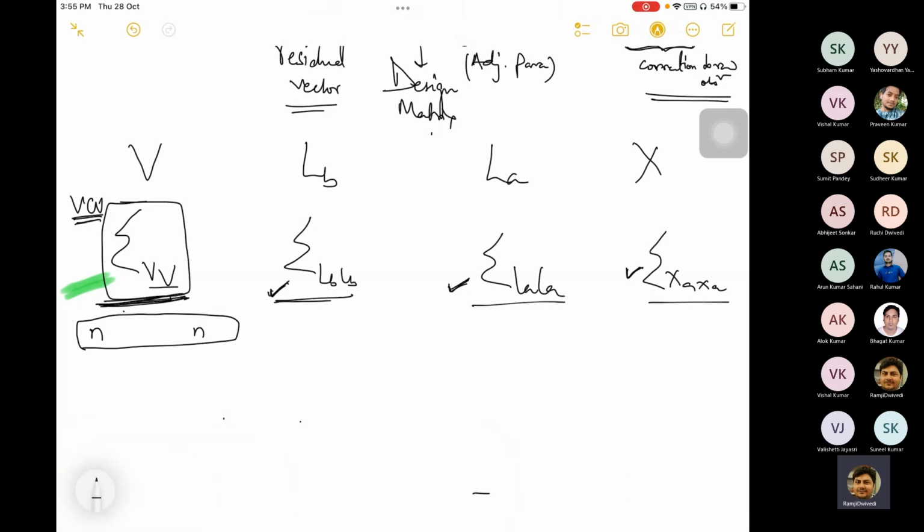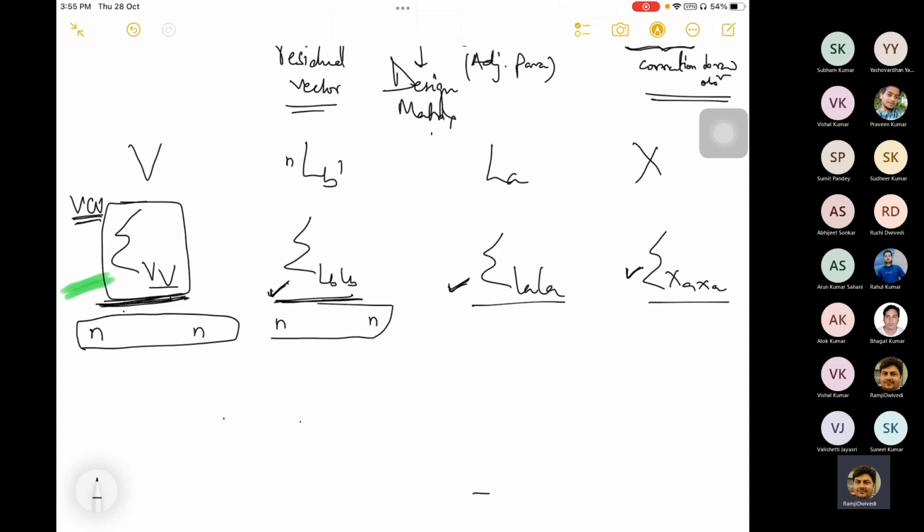Next, one by one बताइए, what would be the size of sigma LB? शुभम बताइए। Yes, n cross n. और तेज बोलो यार, जवाब भी अच्छे से दे दो। सर n क्रॉस n। I hope everybody is okay with it because the vector size is n cross 1.